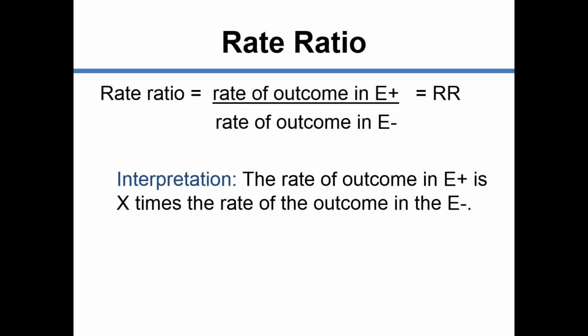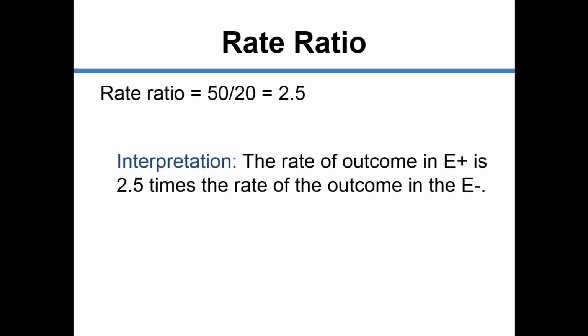But the rate ratio estimates the risk ratio to an extent. Technically you'd have to say the rate of outcome in exposed versus non-exposed is X times. Whatever I just said for the risk ratio, you can apply here to the rate ratio. Next slide, please.